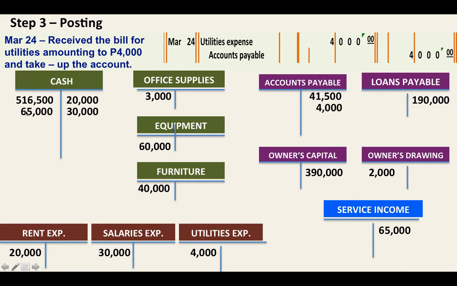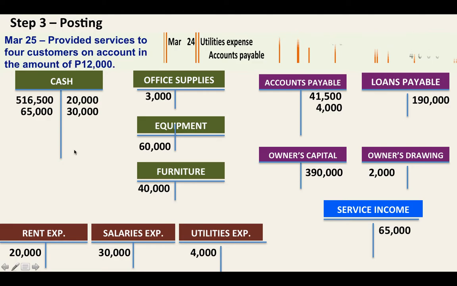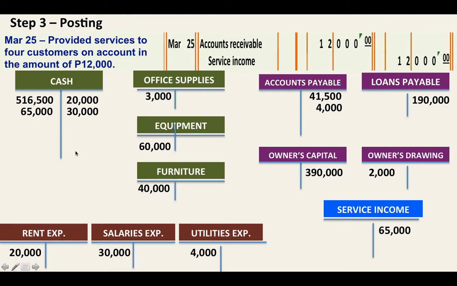I did not put the debit and credit labels anymore, so it's understood, to save space for our illustration. And March 25, that is our entry. So we have accounts receivable debit, and service income 12,000.